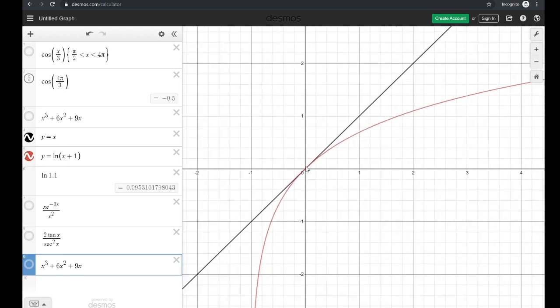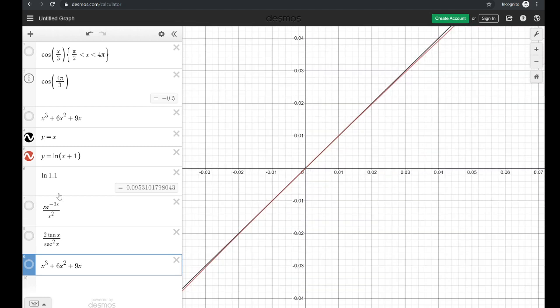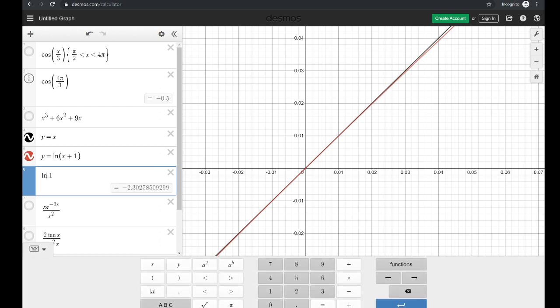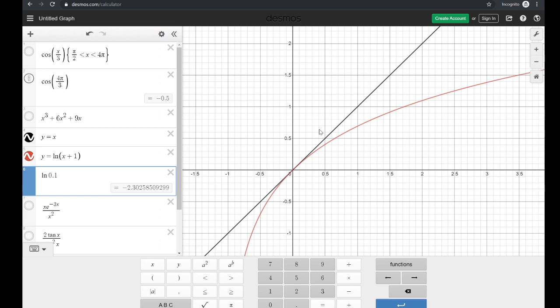And if we want to find ln of 1.1, since 1 plus 0.1 is 1.1, that's 0.095. If you round to one decimal place, you get 0.1, which is essentially what we get from the linearization.